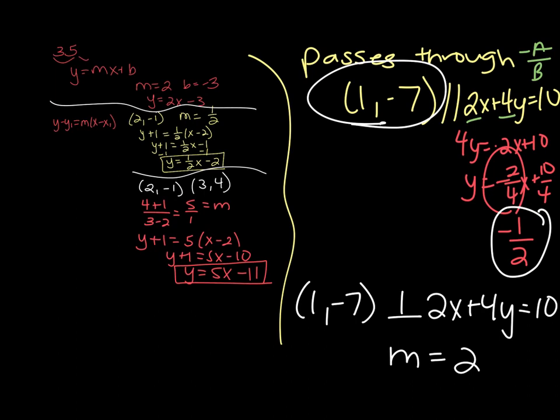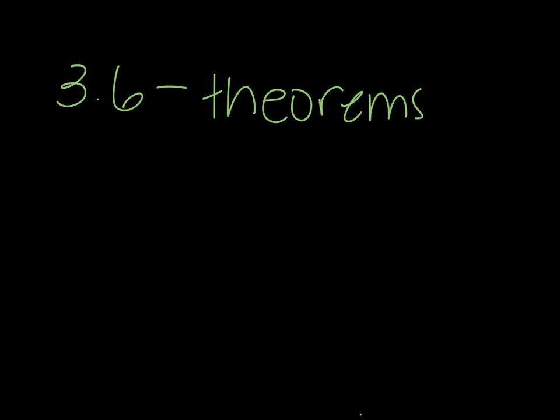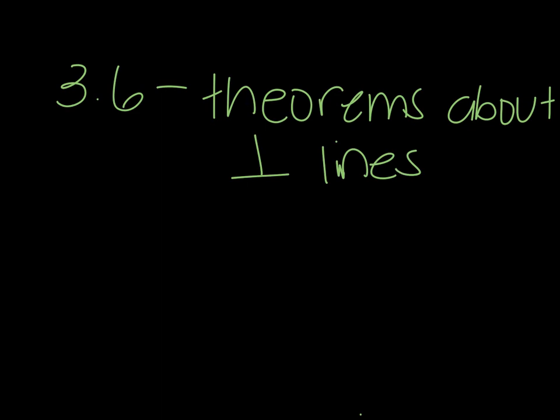Okay, and then 3.6 is all of the theorems about perpendicular lines, which you'll probably either use in a diagram, like if there's a perpendicular angle, could you give the other angle?